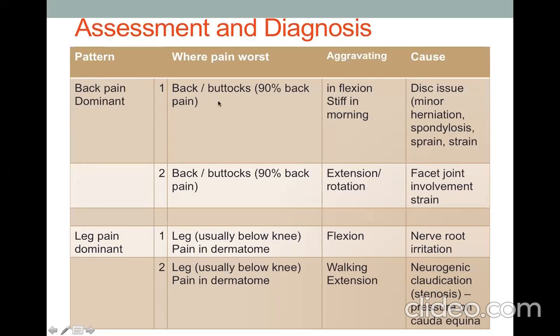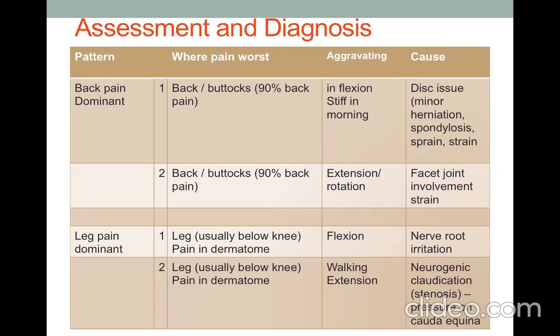Back pain dominant is where specifically the pain is in the back and the buttocks, that is the glutes, 90% of the time. This could be because of a minor disc herniation, spondylosis from degeneration of the disc, or a sprain or strain from that particular movement.